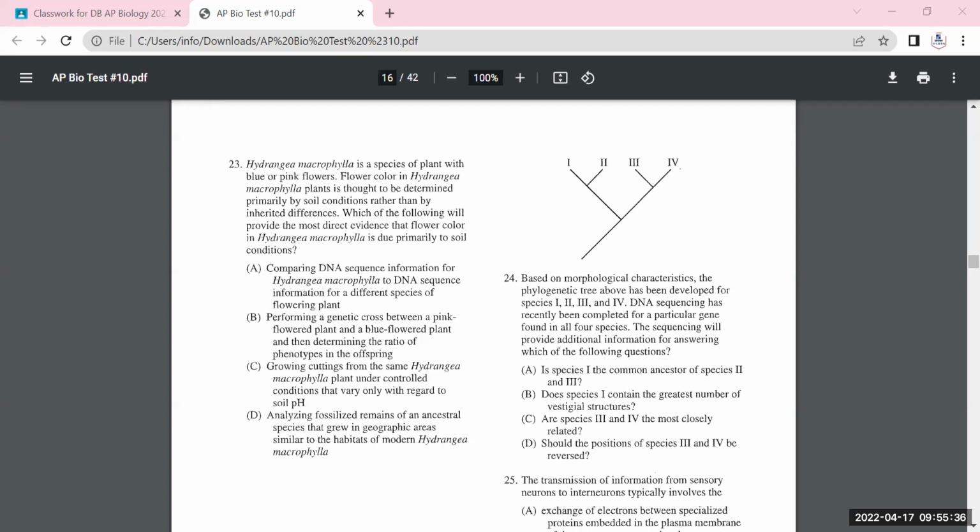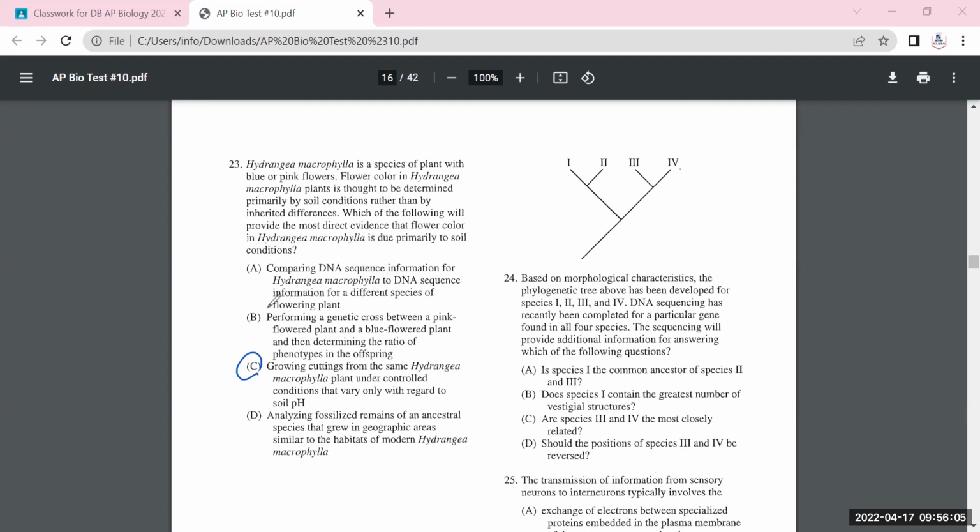Okay, so if you quickly go through it, comparing DNA sequences, doing a cross, not really, right? They want direct evidence, right? So it's going to be C. Do an experiment. Grow your cuttings under highly controlled conditions.